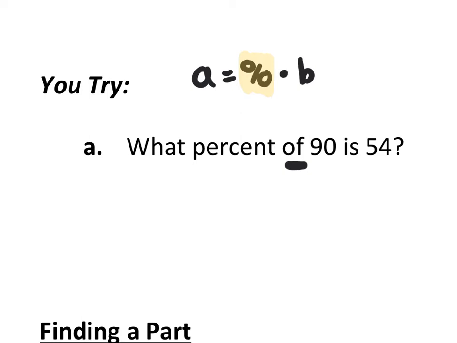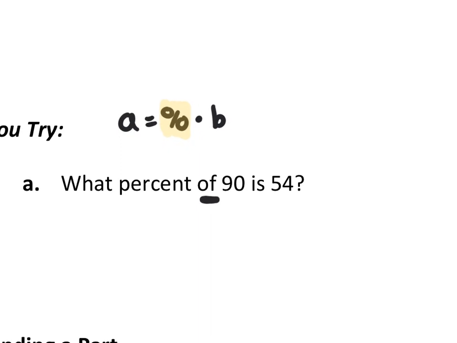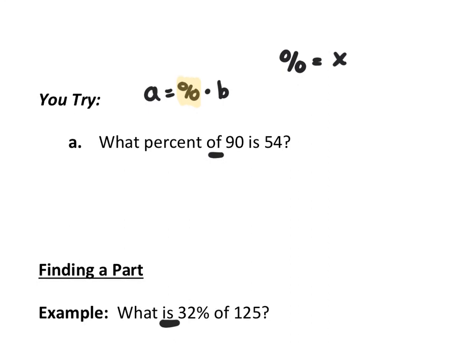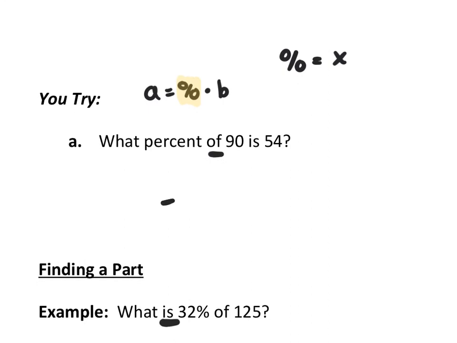Right, and we can use a variable to help represent it. For all the problems down below, we could just substitute percent out for x, where x is going to represent our percent. So it says what percent? That means we don't know what it is yet. We're looking for that value x.